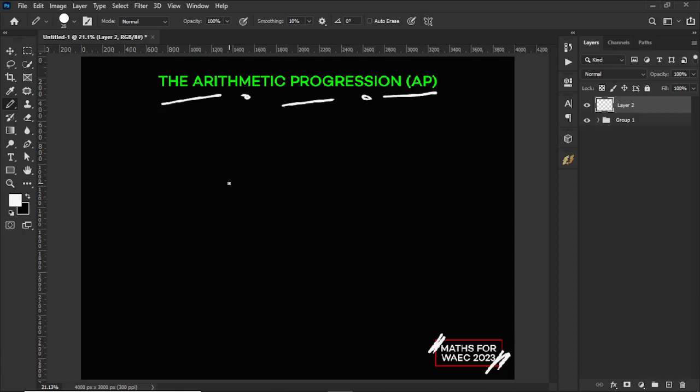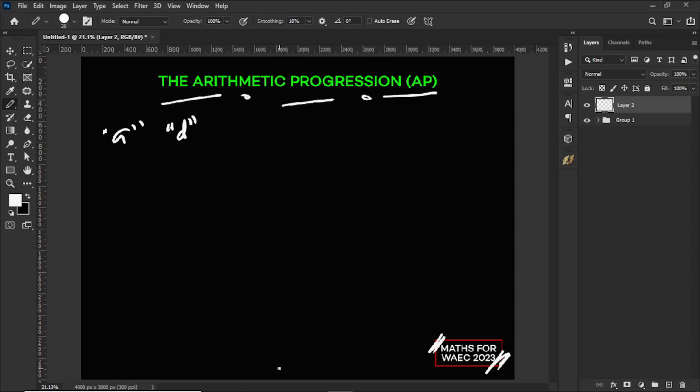The first term is usually represented by small letter a, while the common difference is represented by letter d.